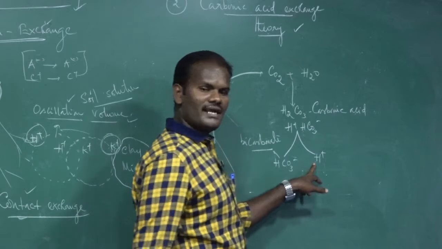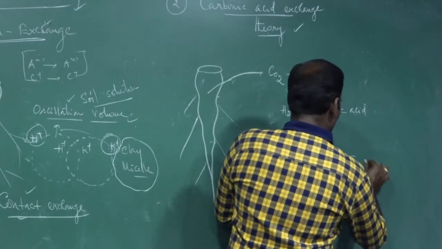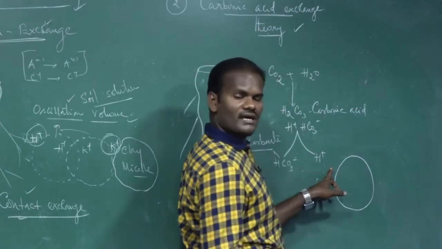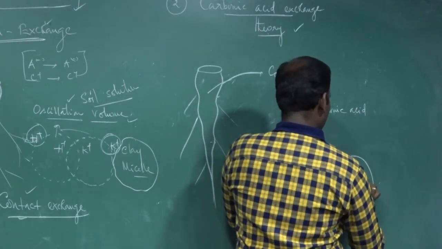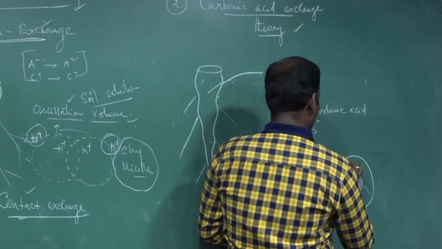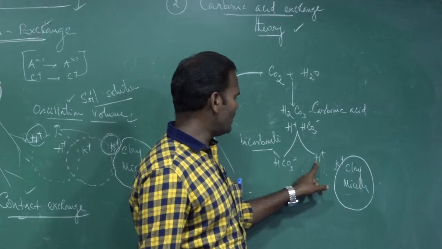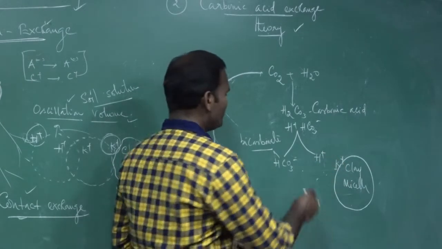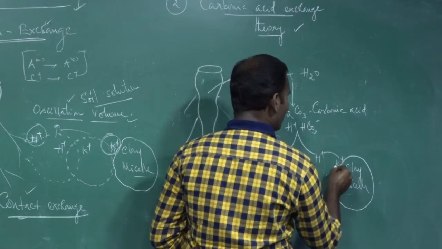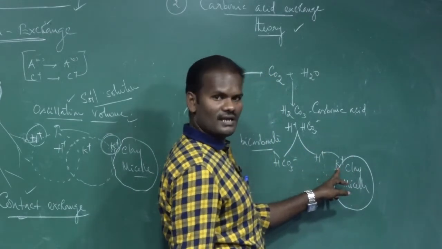Now these hydrogen ions exchange with the same charged ions present on the clay particles. Here are potassium ions. Both hydrogen ion and potassium ion are the same charged. This hydrogen ion exchanges with the potassium ion present on the surface of the clay particle.